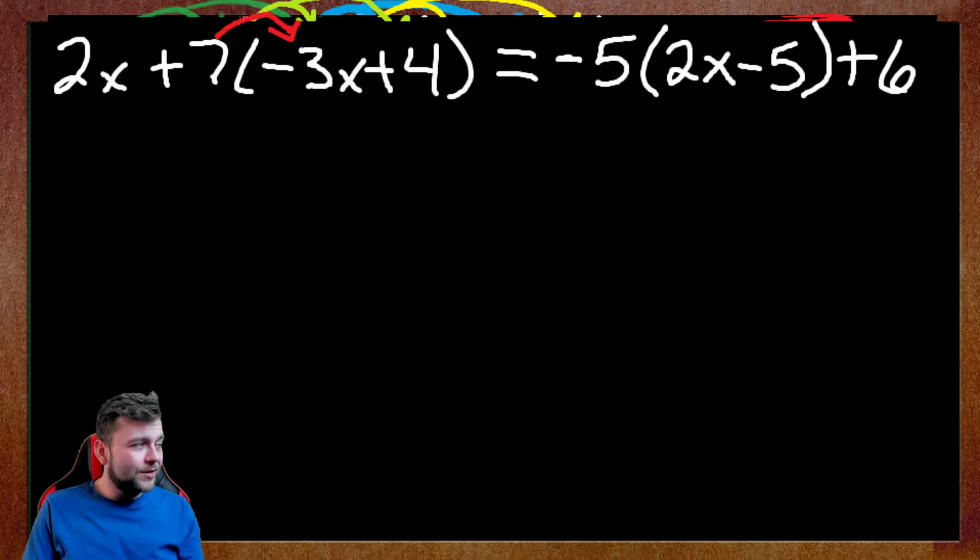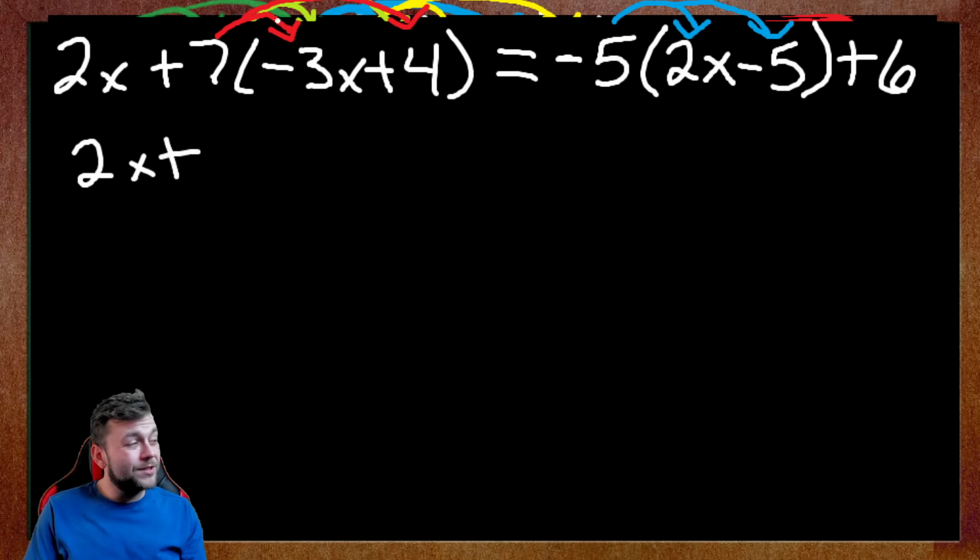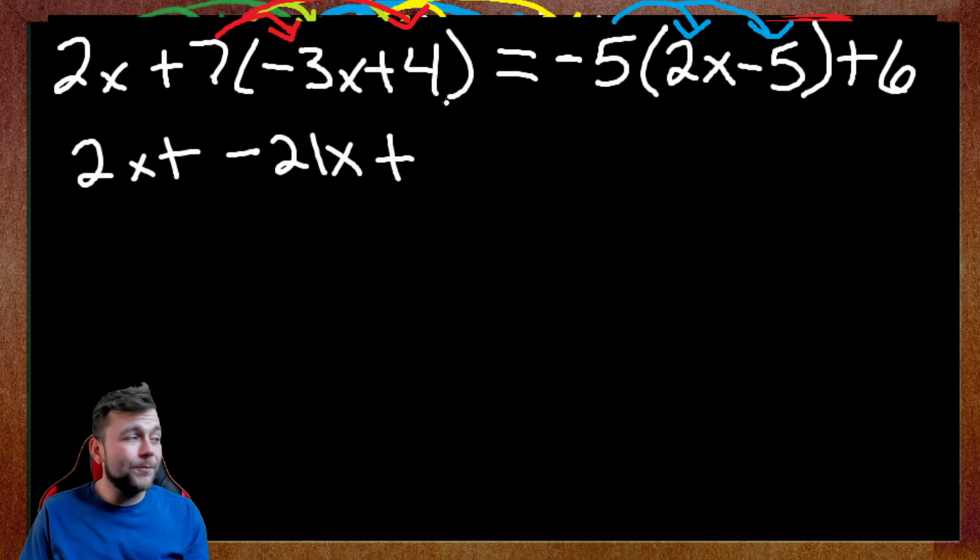Bam. The 7 gets passed around to its buddies on the left side. The 5 gets passed around to its buddies on the right side. I'm doing both sides. We don't have to do them at once. But 2x plus 7 times a negative 3, that is a negative 21x plus 7 times 4.